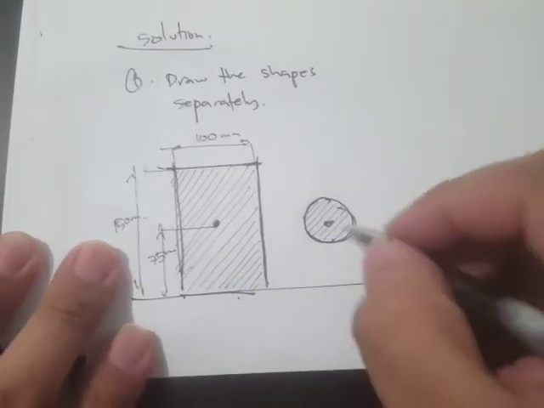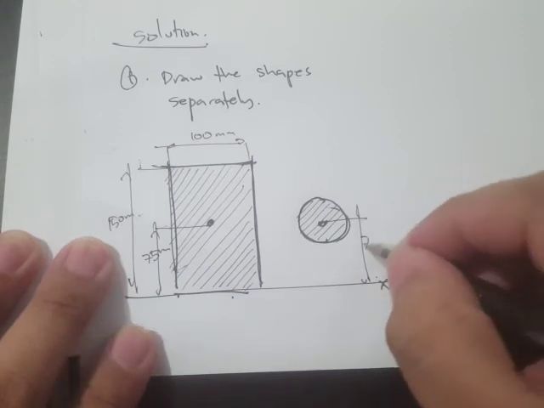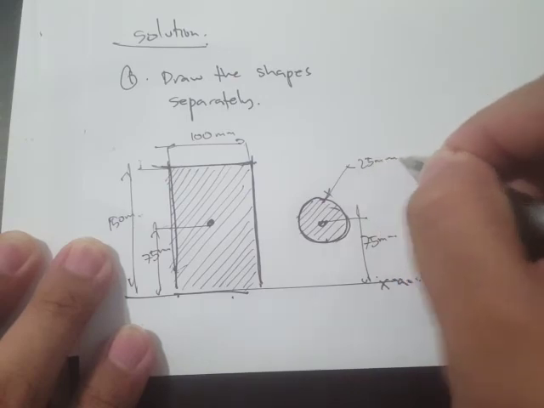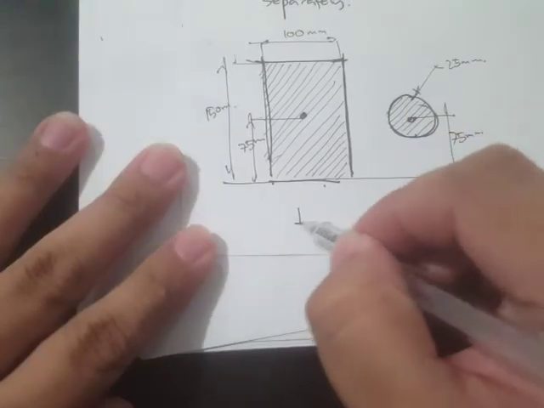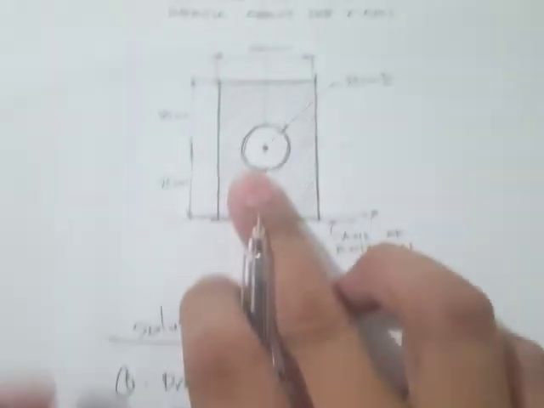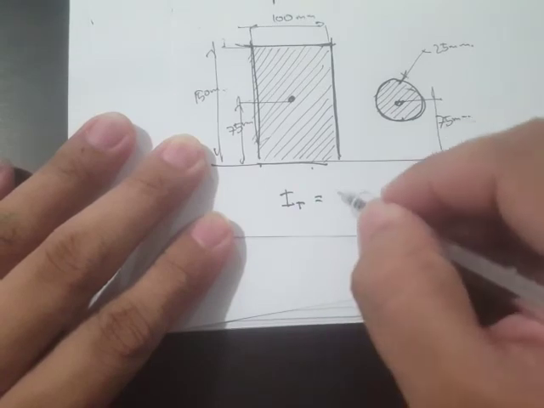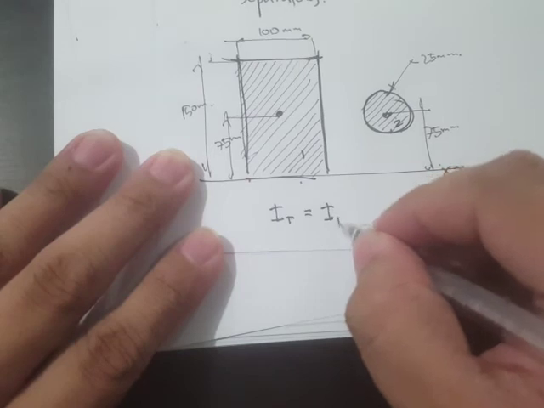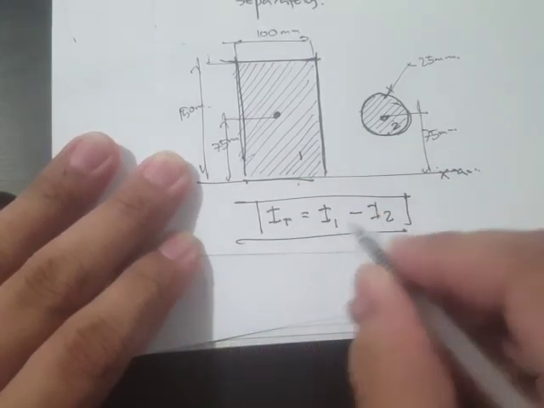For the circle, the distance from the centroid to the axis of rotation is 75 mm as well, and the radius is 25 mm. The total moment of inertia of this section is, let's say this is our area 1 and this is our area 2, I sub 1 minus I sub 2. So this is our working equation.